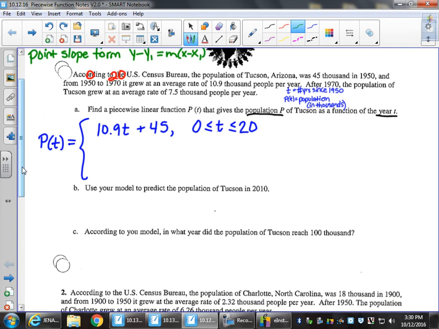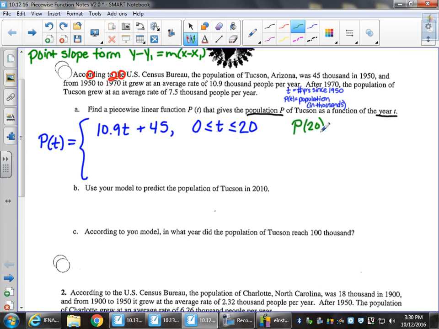So this population is connected from year to year. So where 1970 leaves off, I need to know what that value is, because the next year, 1971, will be involved in our next piece, but there is an existing population. So what we are going to do is calculate P of 20 off to the side.